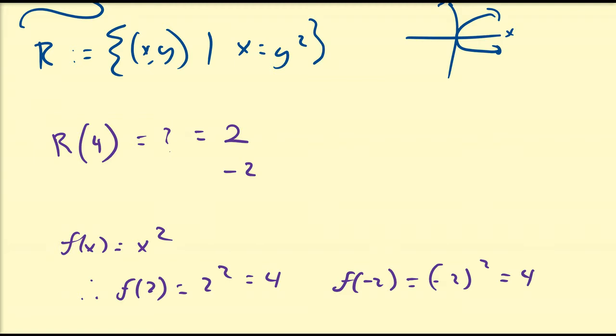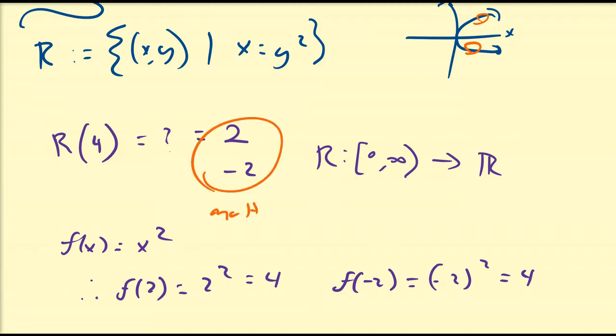That's also fair. So in a way, this relation sends the interval 0 to infinity to pretty much the entire real line, right? But it does not do it in a unique fashion, because it sends it to R plus and R negative. It sends one particular x value to two different y values. So this is what we're going to call a multifunction, right?